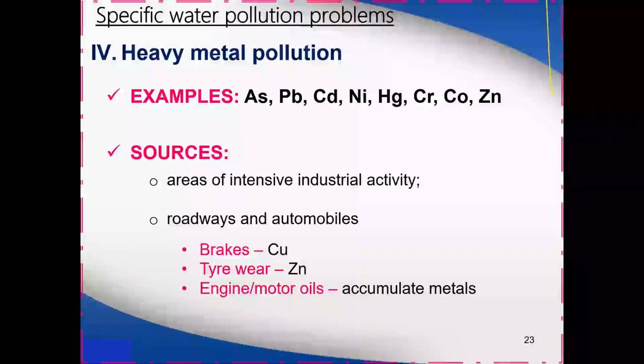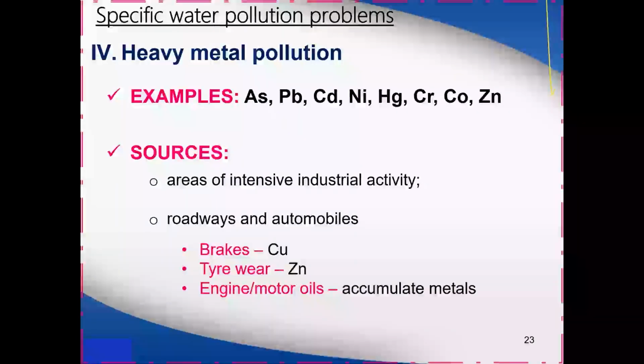And these are the sources: areas of intensive industrial activity, roadways and automobiles, brakes. The brakes can give copper, tire wear, zinc, engine or motor oils. They have accumulated metal, different types of metals in it. And so if we have runoff on roads, we know the car tires are always moving.